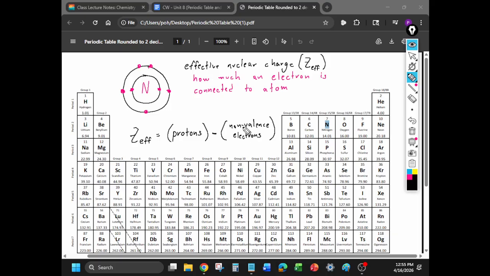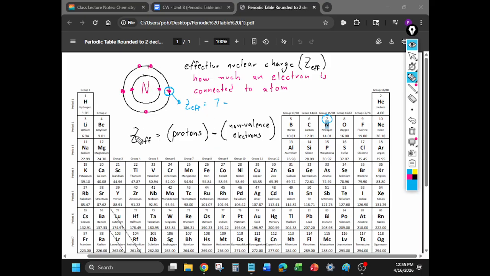All right, so we'll use nitrogen as our first example. We're going to calculate the Zeff experienced by one of these outside electrons for nitrogen. And to do that, we just plug it into this formula. Okay, so if we look at nitrogen, how many protons does nitrogen have? 7, yeah, it's just the atomic number. So the first thing you're going to do is 7 minus, we look at the non-valence electrons, so the not outside ones.